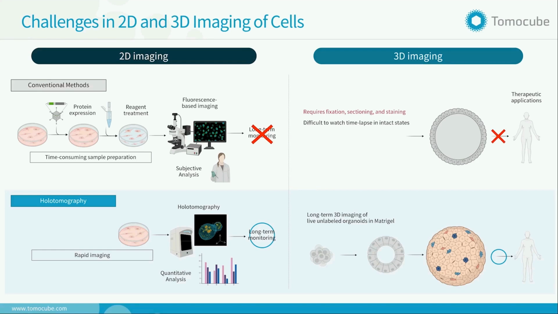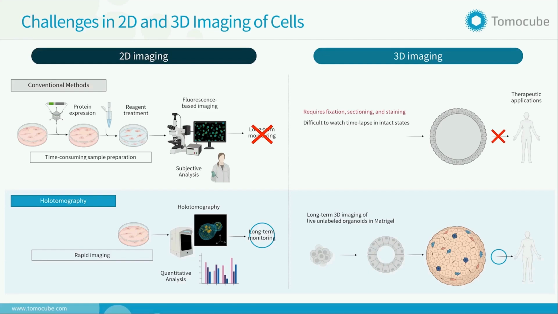So in order to visualize samples such as organoids, conventional techniques require fixation and sectioning, sometimes staining, which means you basically kill the organoids or the highly complex 3D architecture of the cells and tissues.